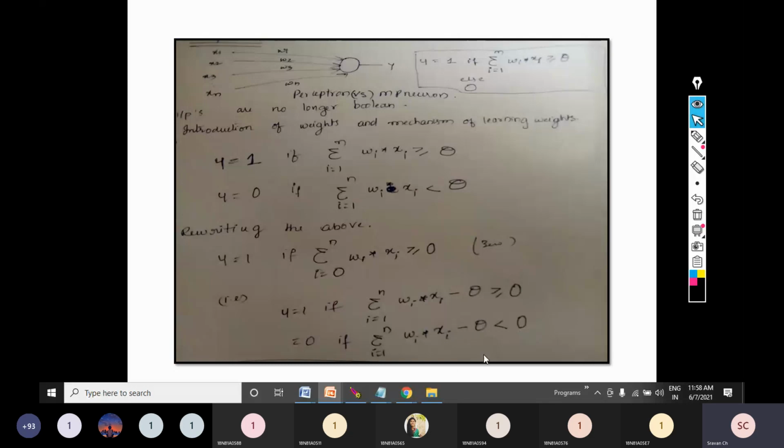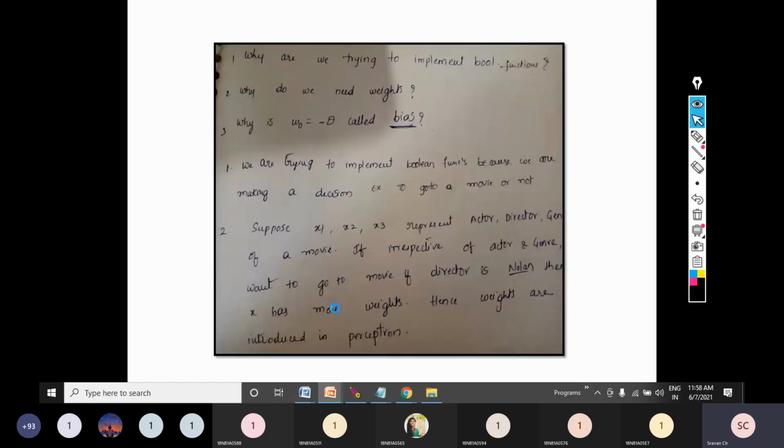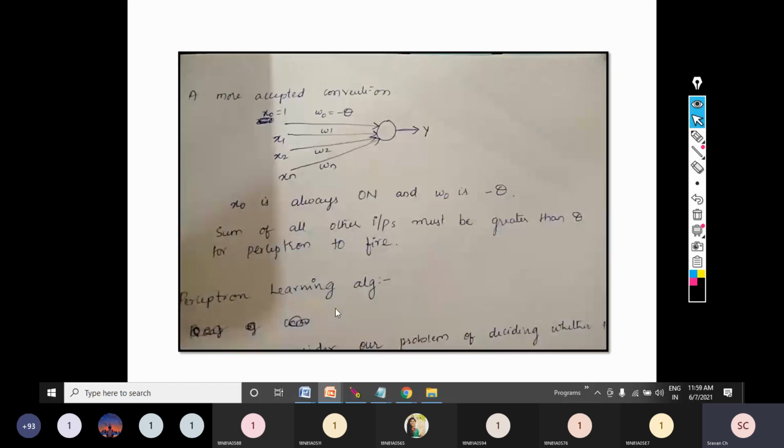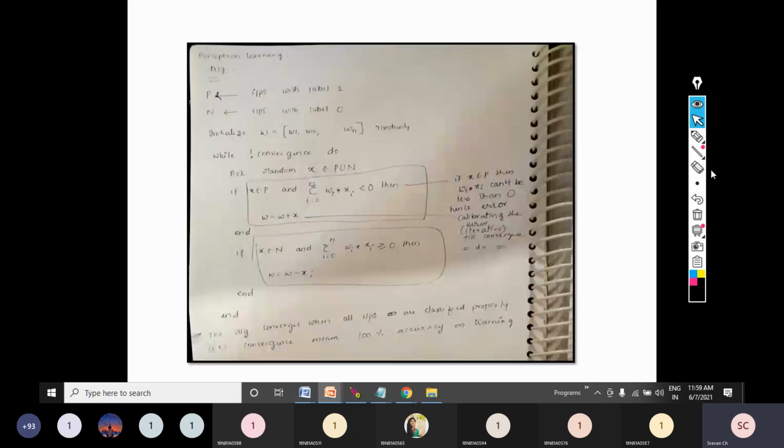If I get this as less than 0, it means the perceptron output is 0. And if it is greater than 0, the output should be 1. Now, coming to this algorithm, this is an interesting point, my dear friends. You have to observe and understand this one.